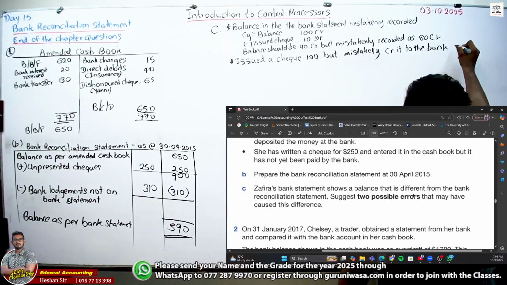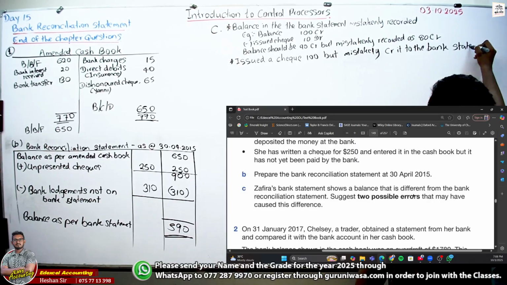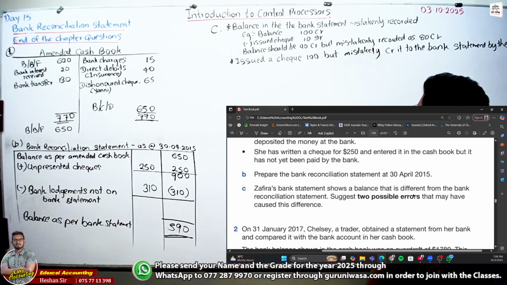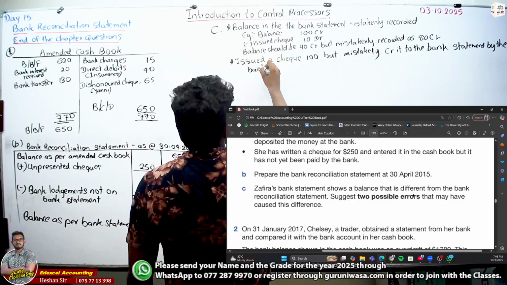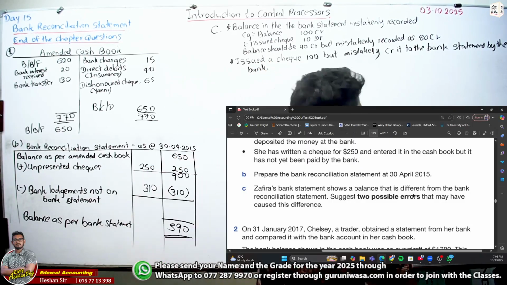Now when we issue a check, we credit. The bank statement should be debit, but mistakenly the bank credited.